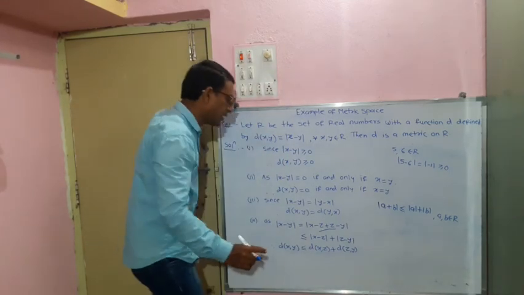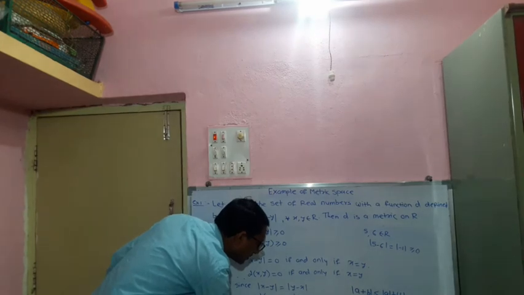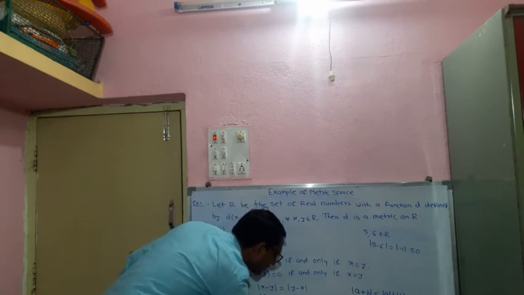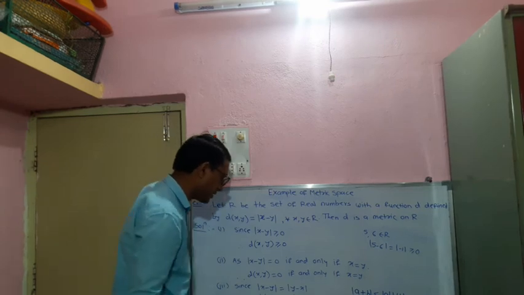Likewise, this difference x minus z is some real number, because x and z are real numbers, so their difference is a real number, and z minus y, this difference is another real number.